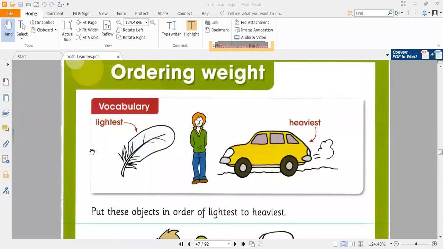Heaviest, lightest. Look, how is the spelling of lightest? L-I-G-H-T, light. We put E-S-T with this, so the word became lightest. Now see the spelling of heavy.